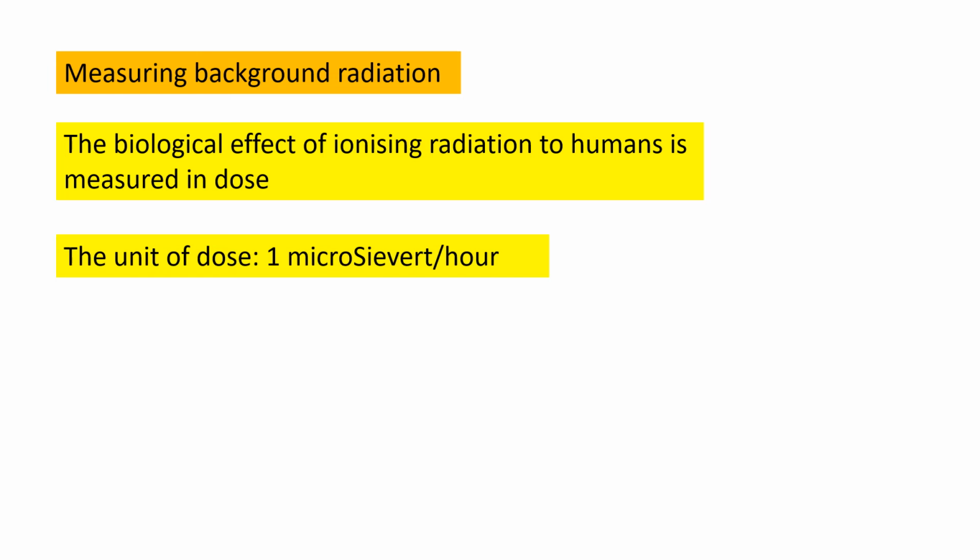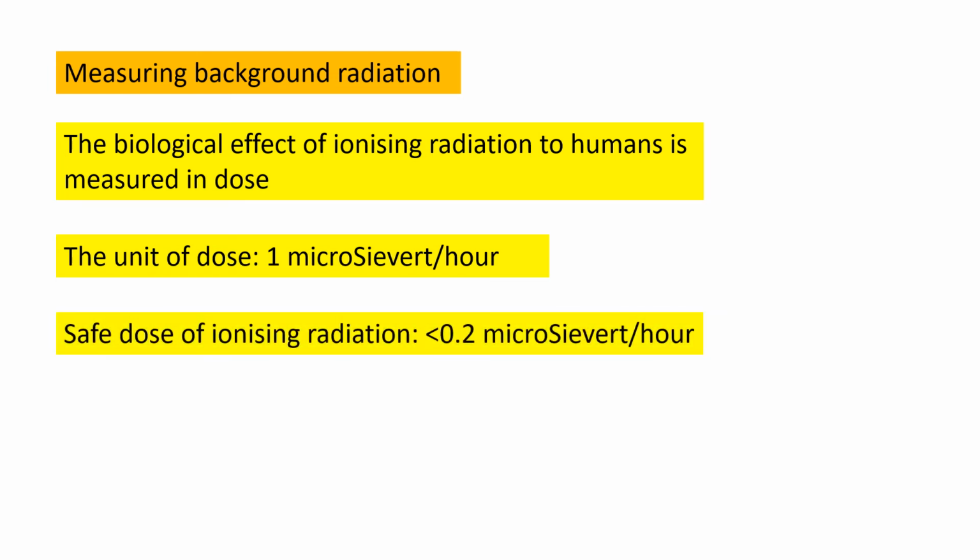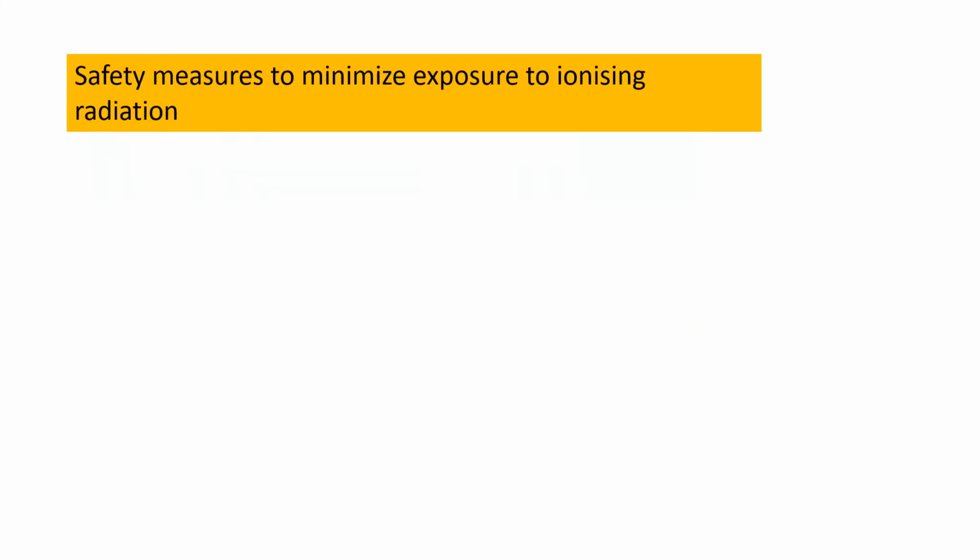You just need to remember the unit. The safe dose of ionizing radiation for us humans is less than 0.2 microsievert per hour. Anything above that, you will be in danger of the effects of radiation.